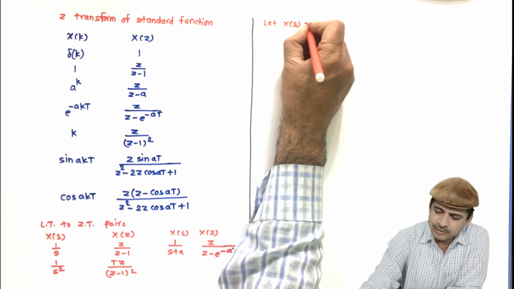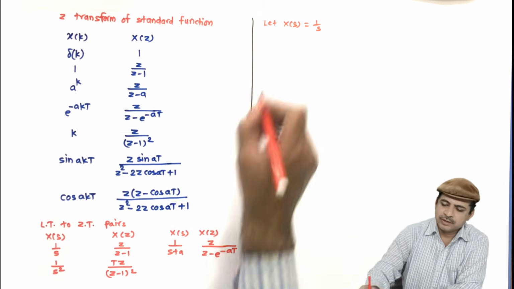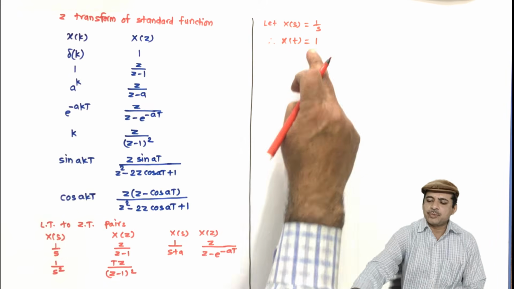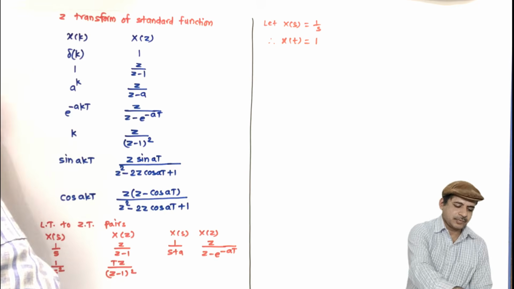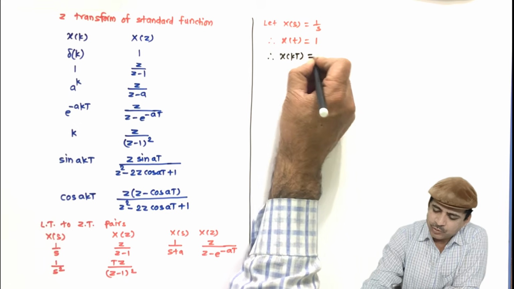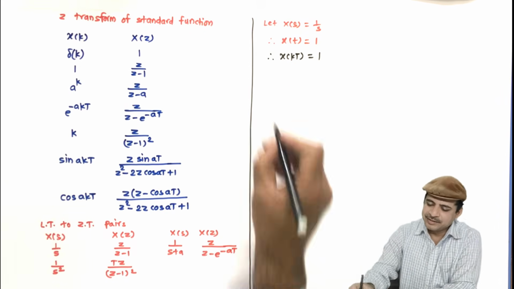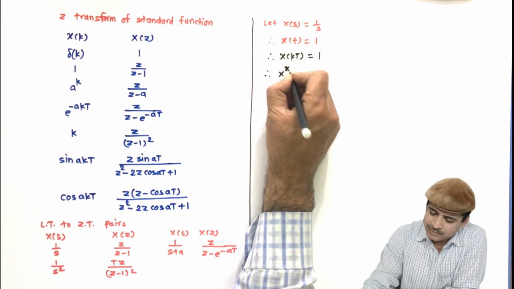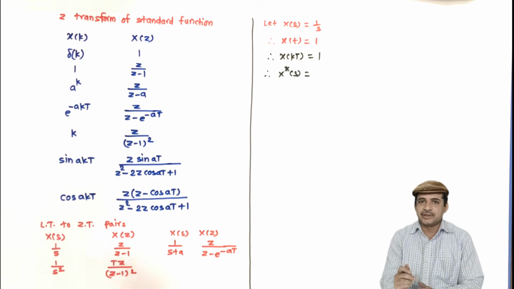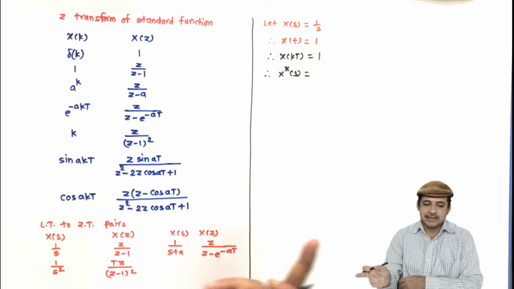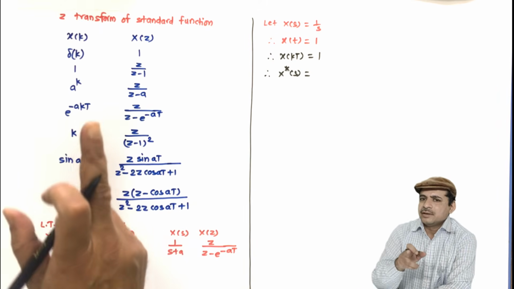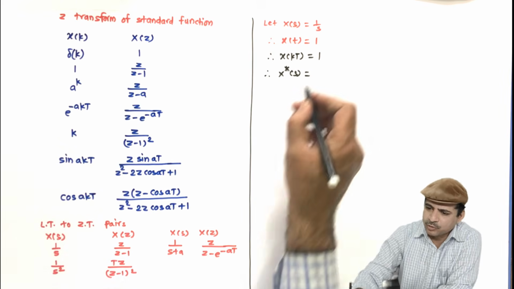Let x of s be equal to 1 by s. So x of t, we have a table, x of t will be 1, since Laplace of 1 is 1 by s. So what is x of kT then? x of kT is also 1, t is replaced with kT. Then x star s, what is the definition? It is summation k equal to 0 to infinity x of kT e raised to minus skT. Using the series, we have already done this while deriving the transfer function for zero order hold and first order hold.